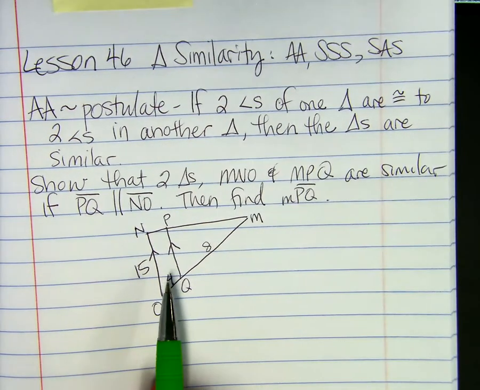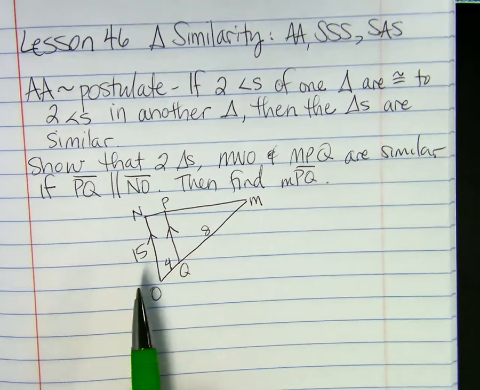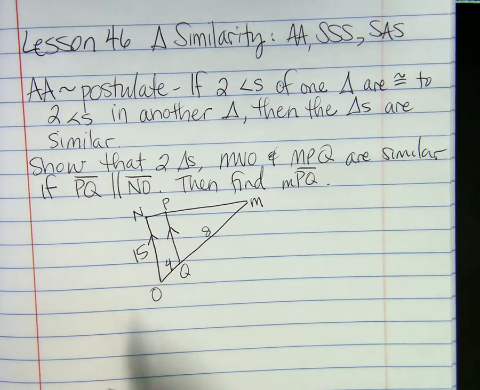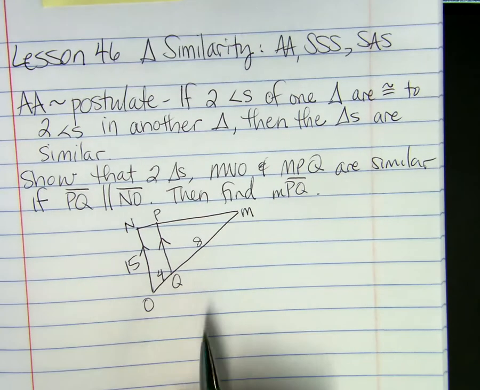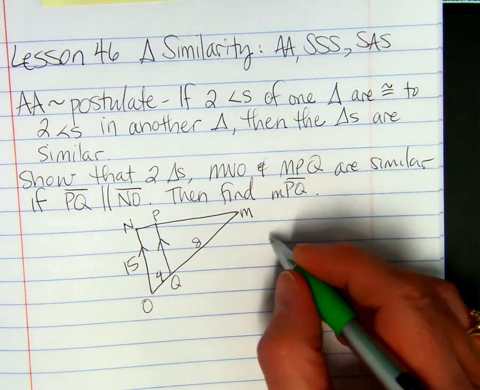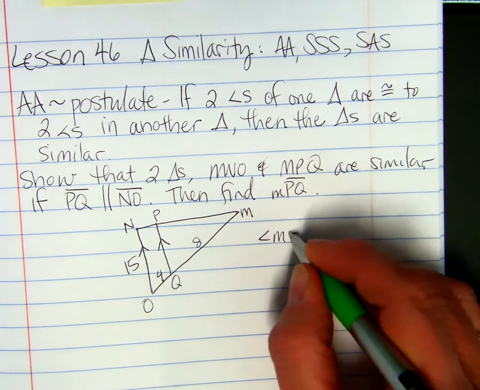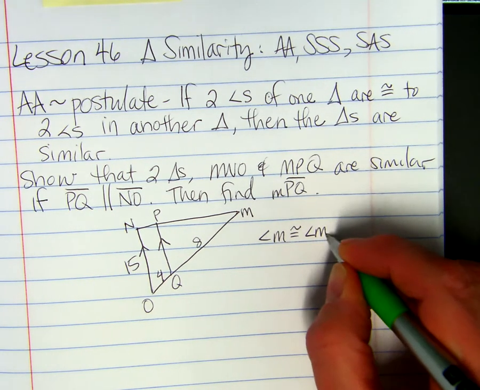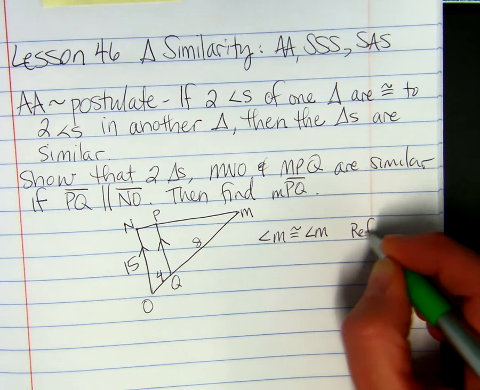Okay, so first we're going to show that these two triangles are similar. We're going to say that angle M is congruent to angle M by the reflexive property.